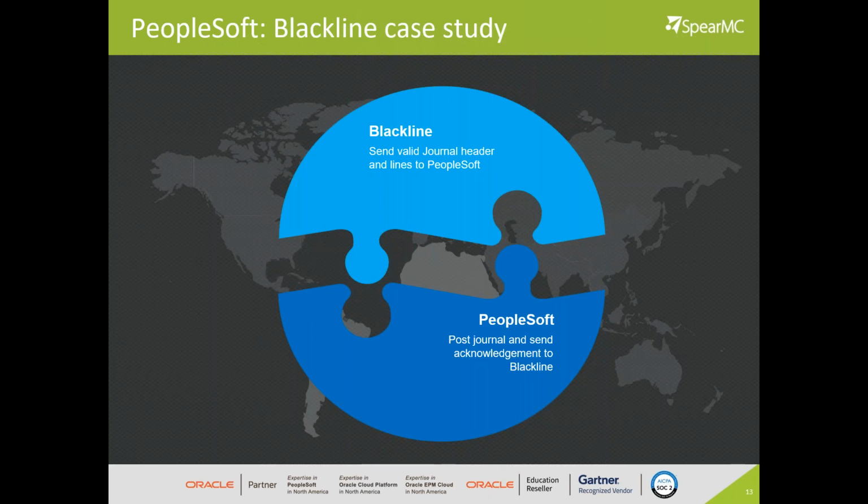And when PeopleSoft received and posted the Blackline journal, then it would send an acknowledgement back to Blackline with key information to tie that transaction together in both applications. So we had data references in each application for that transaction. In summary, Blackline became a subsystem to PeopleSoft, and PeopleSoft was retained as a system of record.